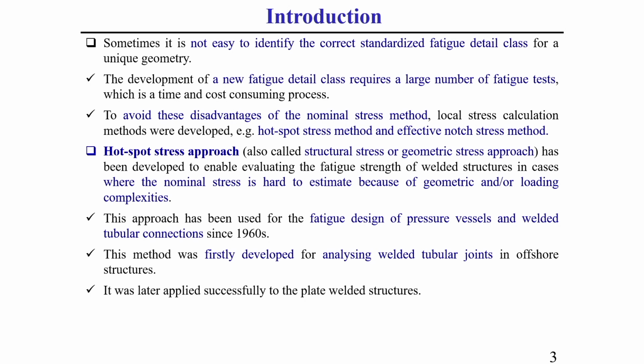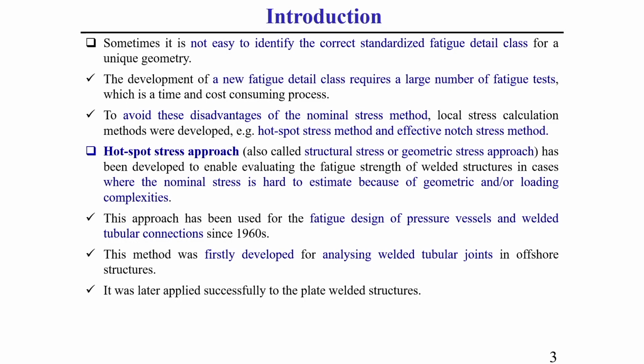To avoid this disadvantage of the nominal stress approach, which is applicable only where a standard FAT class is available, but not where the geometry is complex and not covered by a FAT value, local stress calculation methods were proposed and developed.